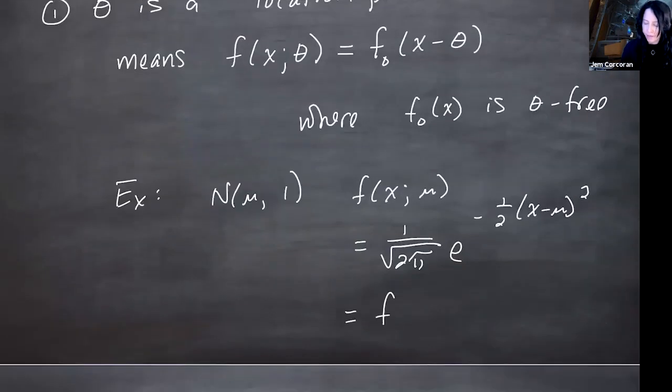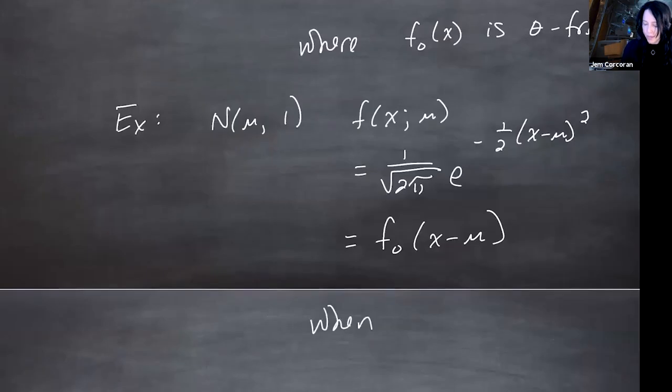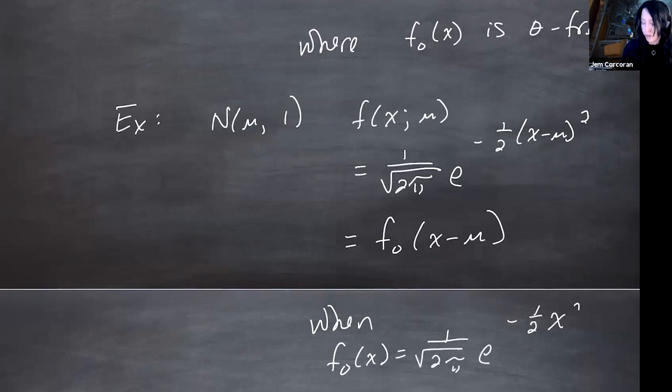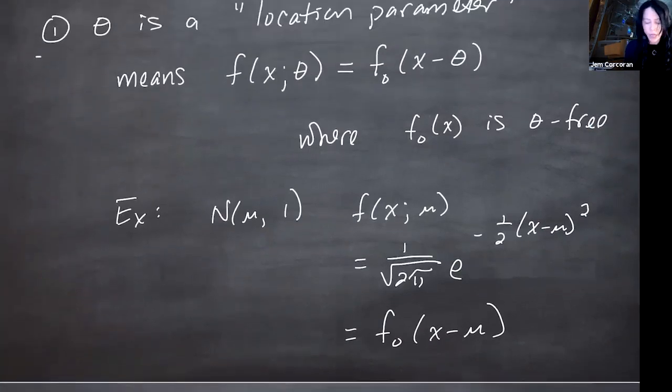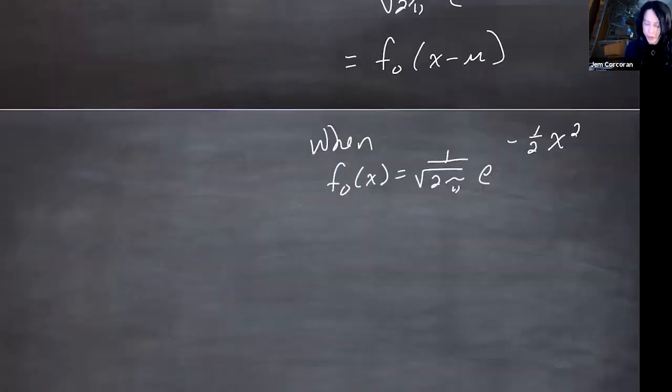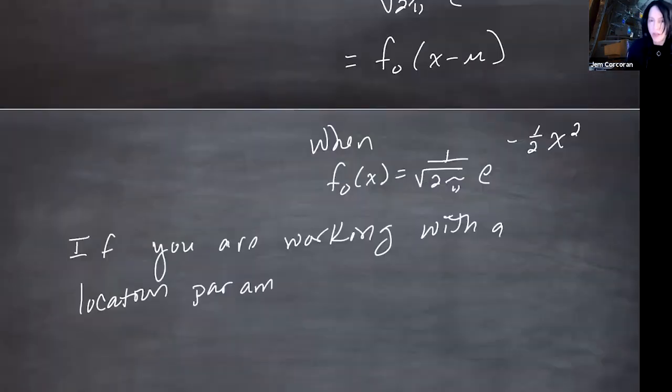And this is f naught of x minus mu, when f naught of x is 1 over the square root of 2 pi times e to the minus 1/2 x squared. So that's a location parameter. I'm still within number one: if you have a location parameter, then any statistic that is location invariant, and I'm about to define that, is going to be ancillary.